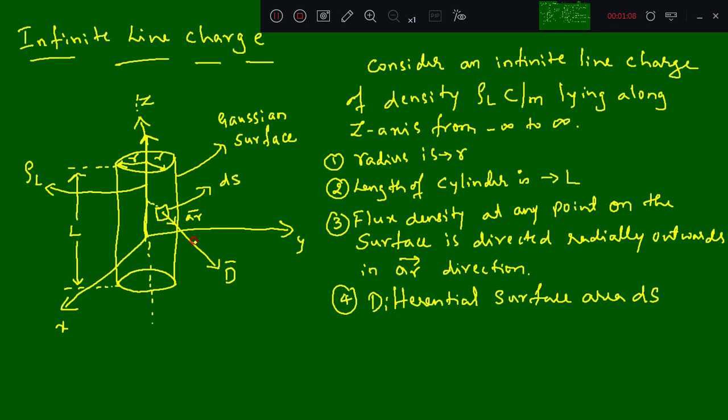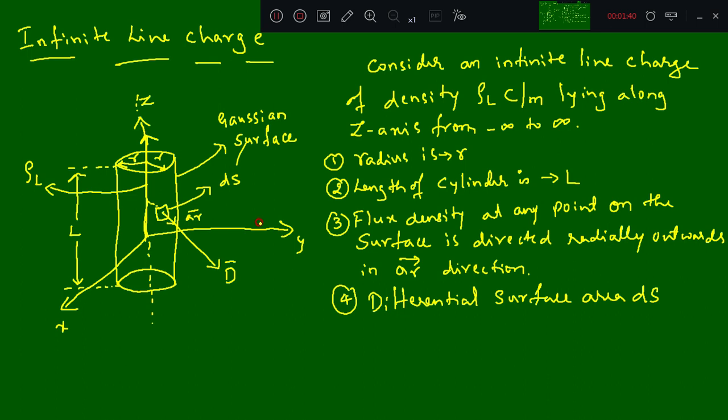Then the D coming out of the surface is in the direction of aR. The infinite line charge has the density, that is rho L in coulombs per meter. So this is the initial we have to write.